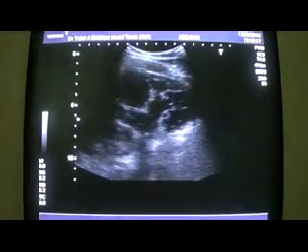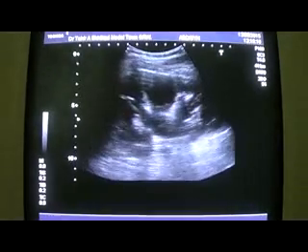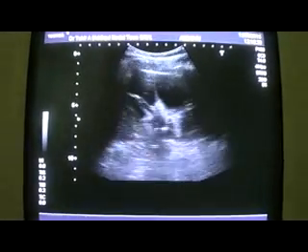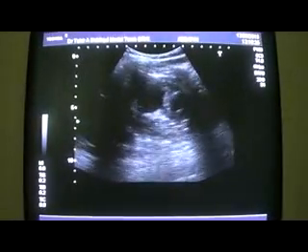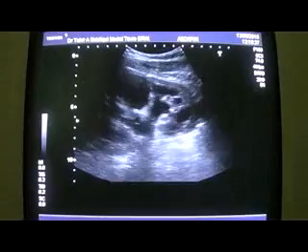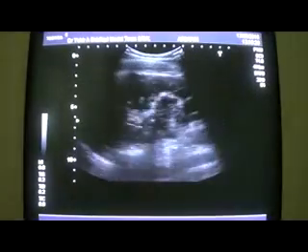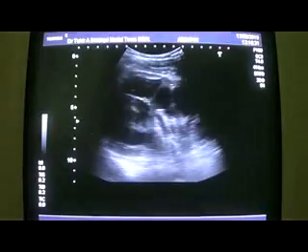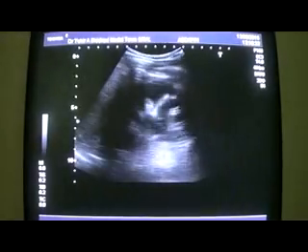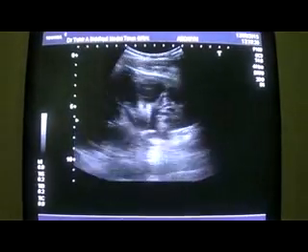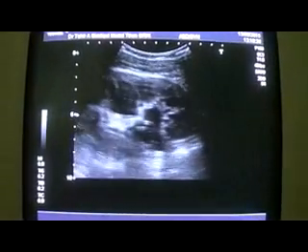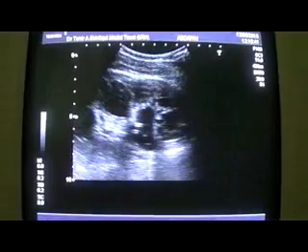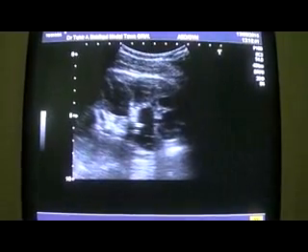Another thing is that we see a longitudinal tubular structure in the dilated proximal ureter entering into the calyces.